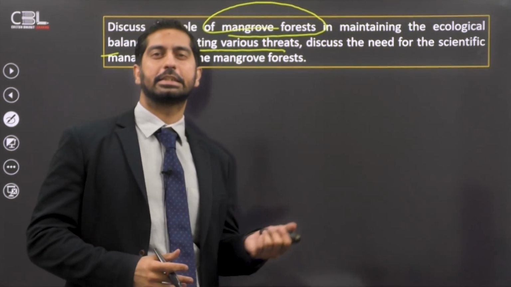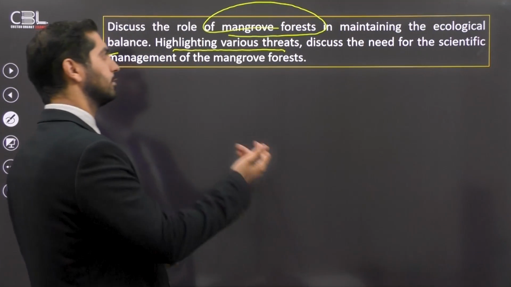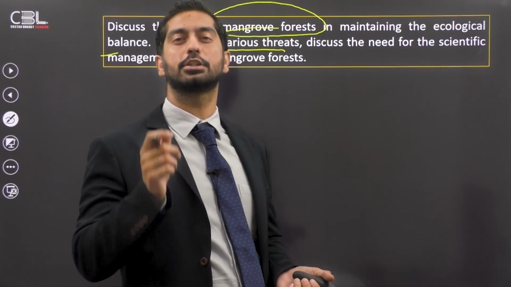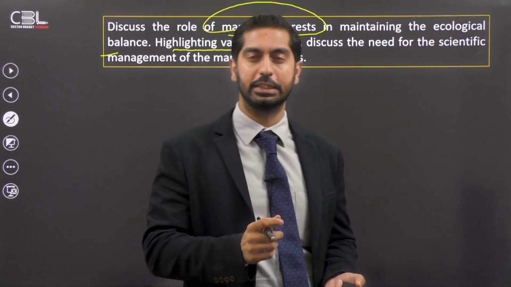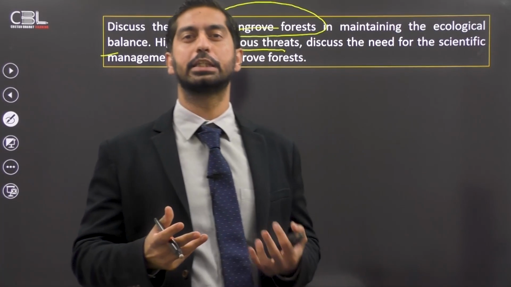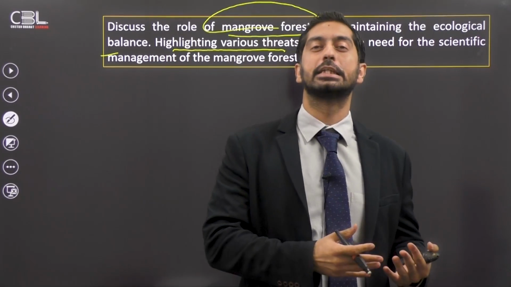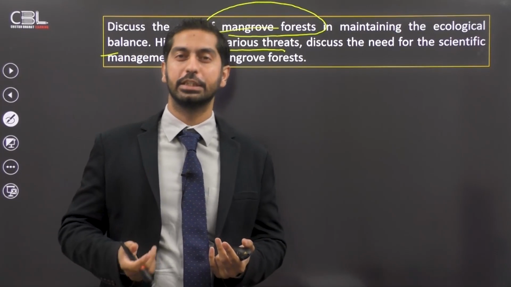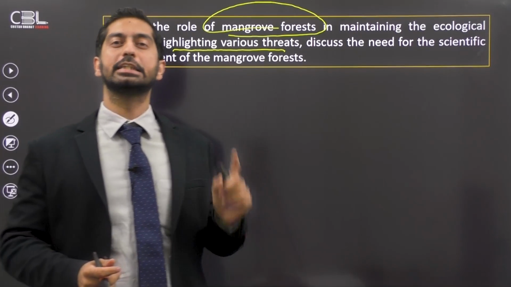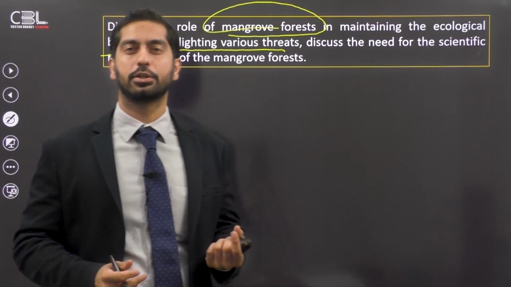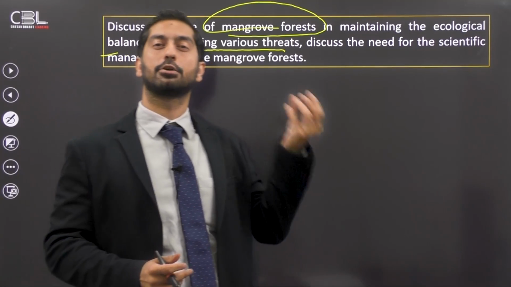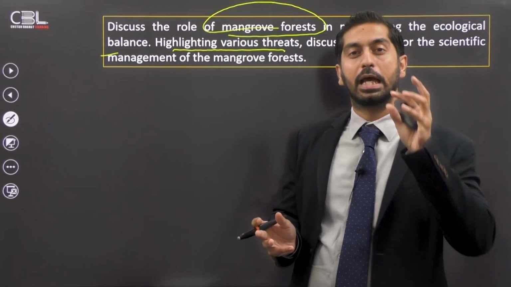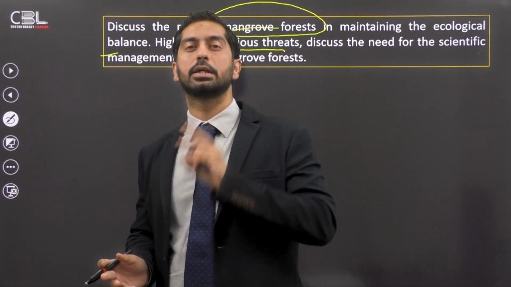Now you can start this answer with the basic definition of mangroves: mangroves are resilient, salt tolerant plants or trees, also called halophytes, that grow in high salinity, anaerobic coastal conditions, tidal regimes. In the coastal regions, these trees can tolerate high salinity. They don't even need fresh water. Then they can tolerate anaerobic conditions.